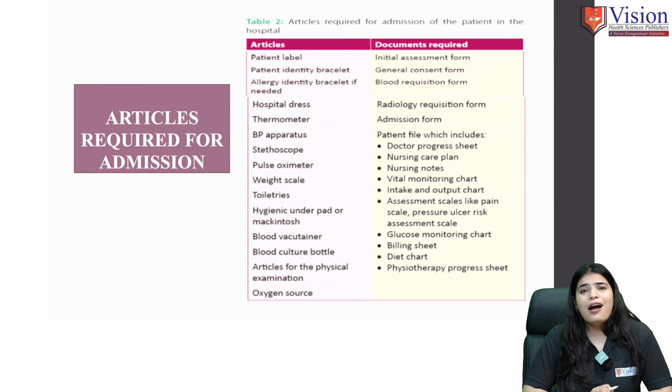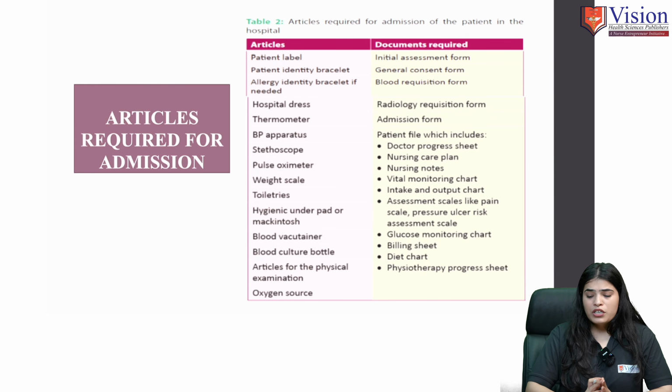So what are the articles we require at the time of admission? After we have done the procedure and the orientation, what are the articles we require? There are the following articles that we require.